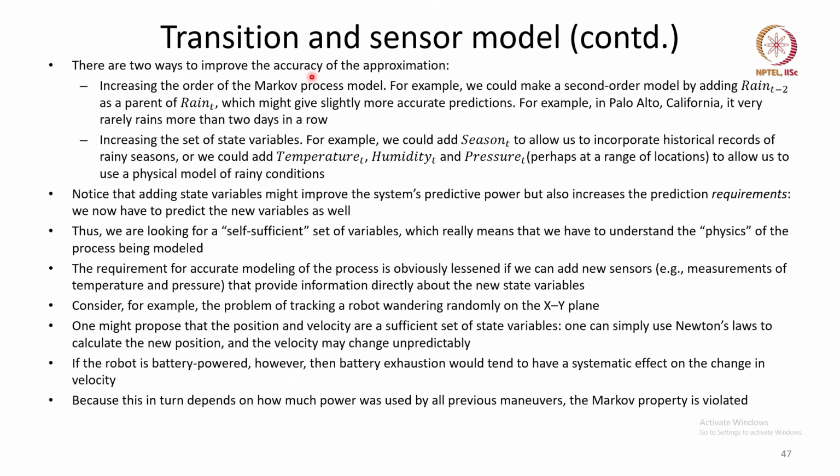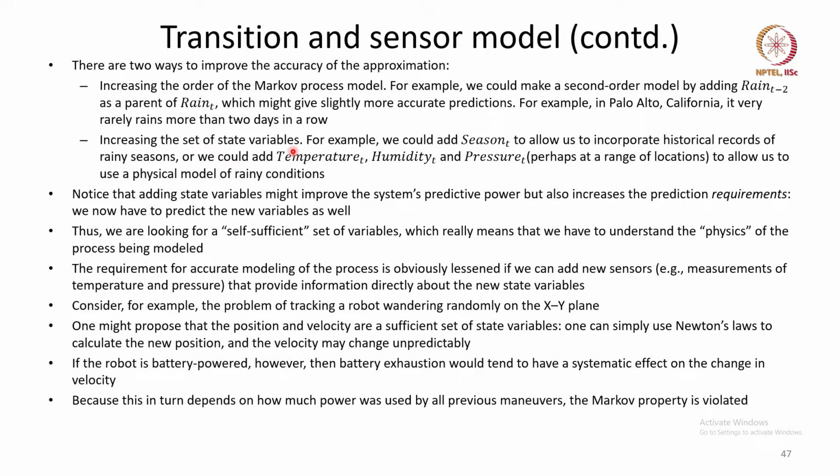So how do we improve the accuracy of this approximation, if you have taken an approximation, right? Suppose it is an approximation, the Markov assumption. One way is to increase the order of the Markov process model. Okay, so that means you make it a second order model. Maybe a second order model will work better than a first order model. That is one. Another is to increase the set of state variables.